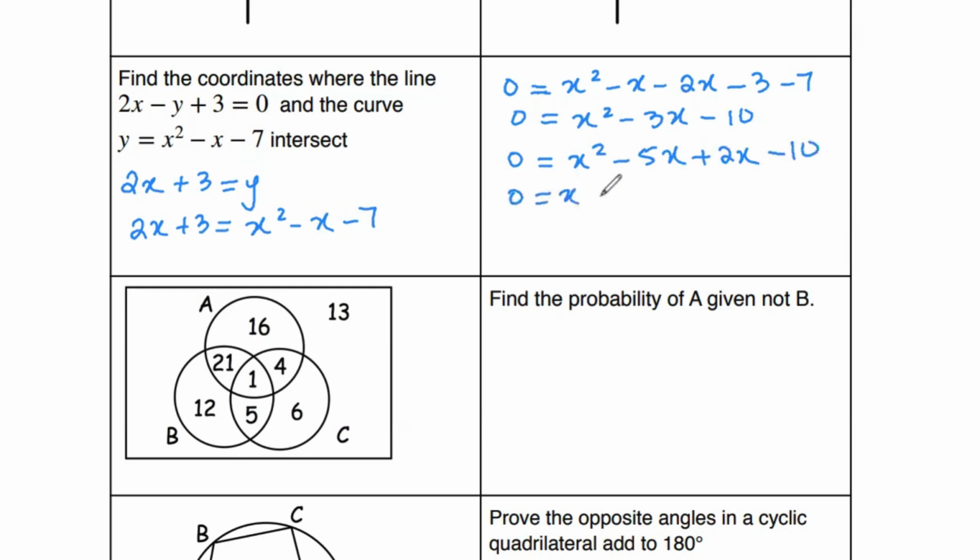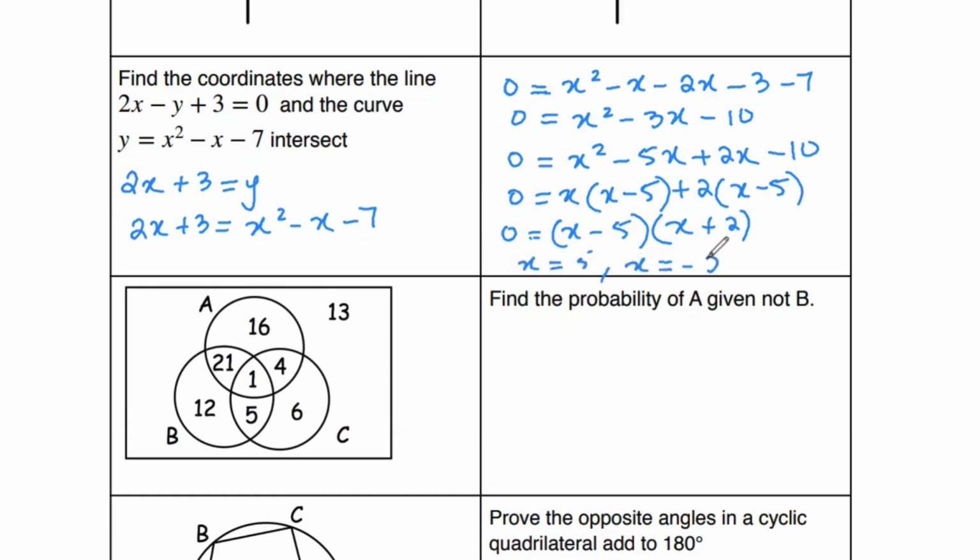Factor by grouping: x bracket x minus 5. Between 2x and negative 10, we have 2 common, so x minus 5 comes in the bracket again. Between x and positive 2, we have x minus 5 common, so we write x minus 5 in one bracket, x plus 2 in the other bracket. So one value of x is 5 and the other value is negative 2.